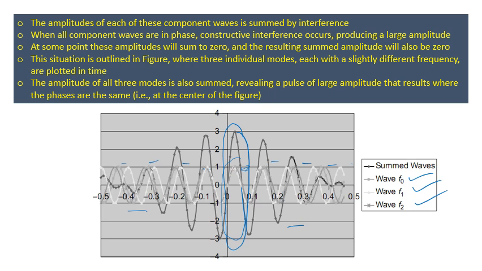So the amplitude of each of these component waves is summed by interference. What does it mean? The amplitude of each of these component waves is summed by interference because they're interfering with each other. That is why you get this.